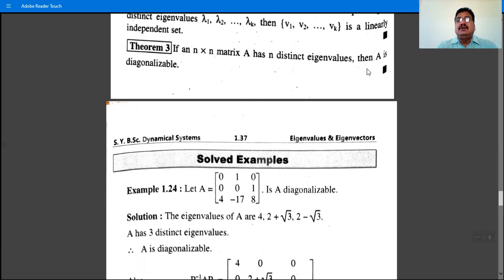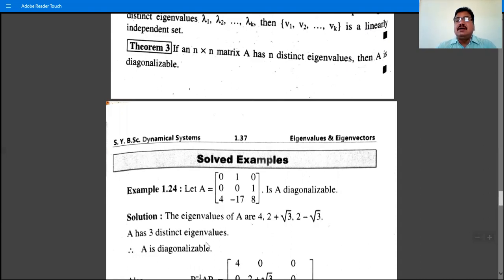But if A does not have n distinct eigenvalues, then A may or may not be diagonalizable. So its contrapositive is not true. That is, we cannot make a statement like this: if A does not have n distinct eigenvalues, then A is not diagonalizable.